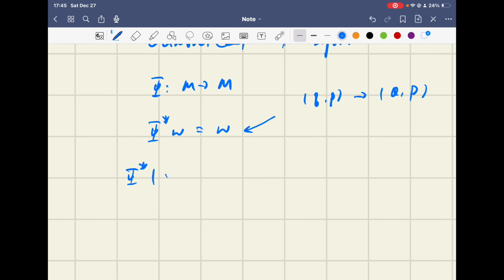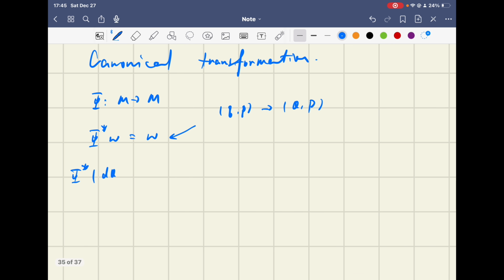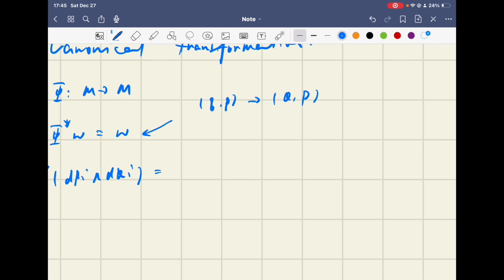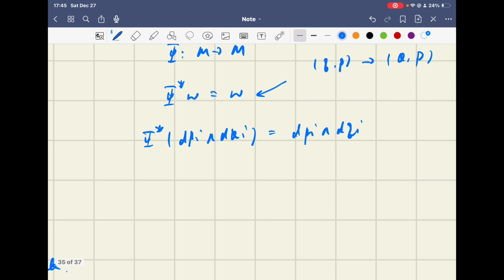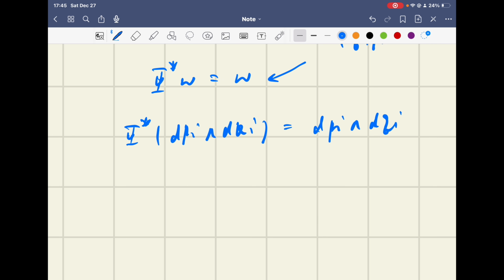The new omega will be dP_i wedge dQ_i, and that will be equal to the original 2 form dp_i wedge dq_i. The pullback operation obviously preserves the wedge product, because you want to act pullback on K forms, so you must preserve the wedge product.